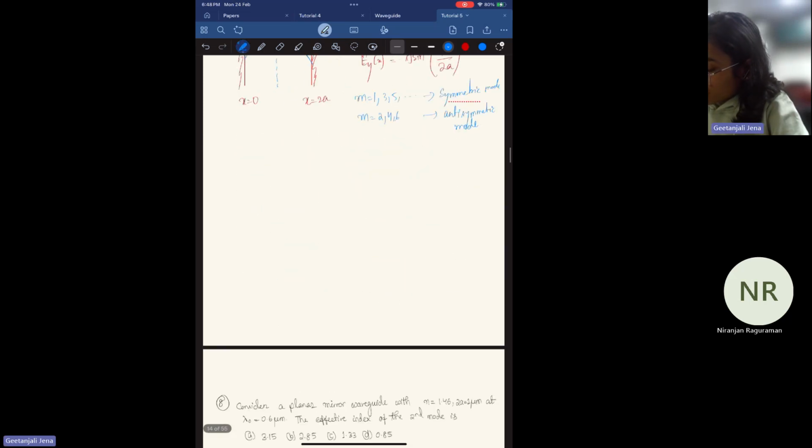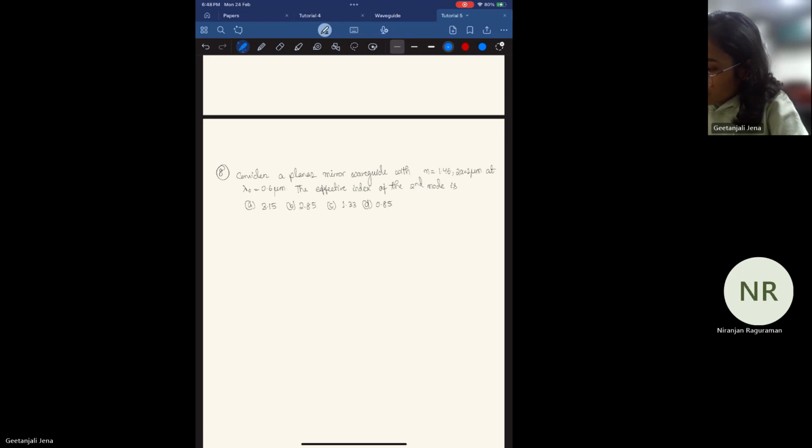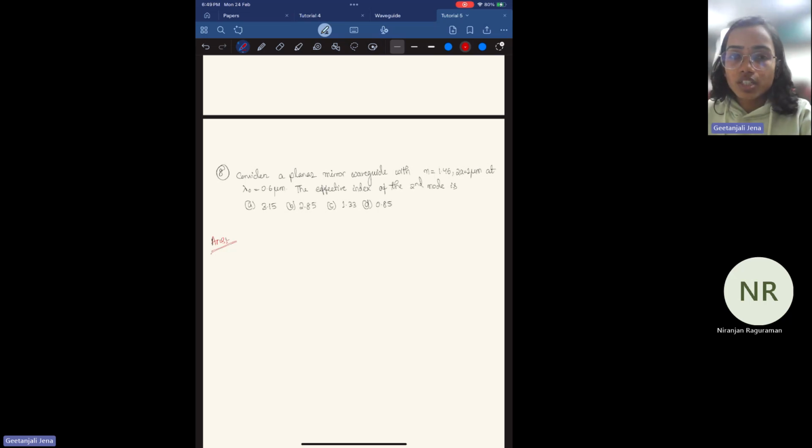Okay. So we'll move to our next problem. The next problem is related to the same planar mirror waveguide. In this session, I will try to cover the things that are not covered in the lecture, so I will give some additional problems. In the class, if you recall, only the symmetric one was discussed.